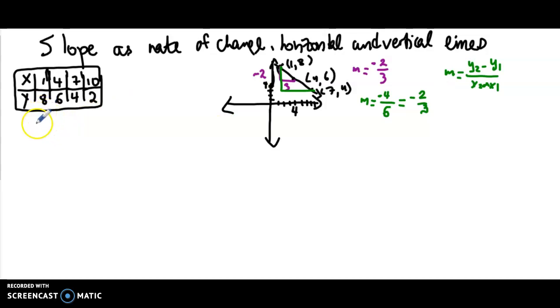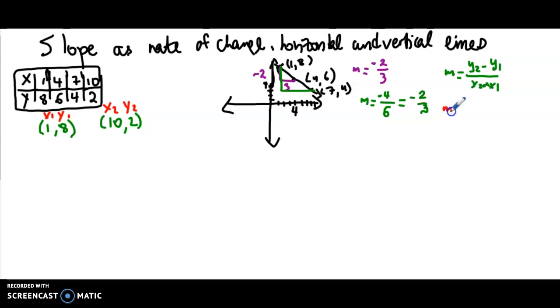So let's grab, why not, the first and the last for now. I suggest to my students that it's nice if they label which is which. So for example, this is your x1, this is your y1, this is your x2, and this is your y2. So label them so you know which is which, so you don't make a mistake when you substitute.